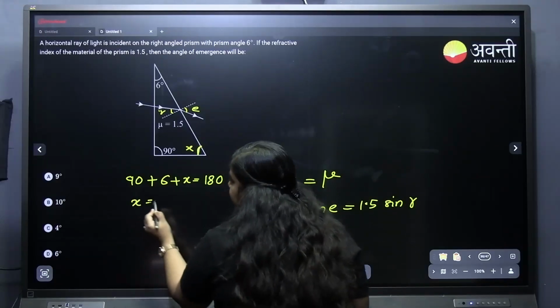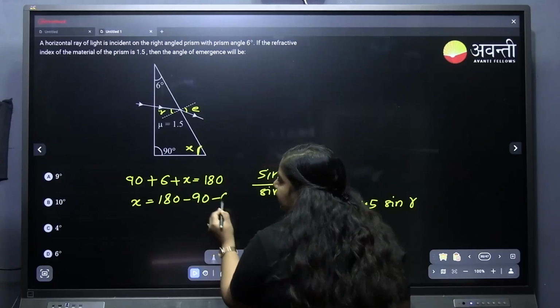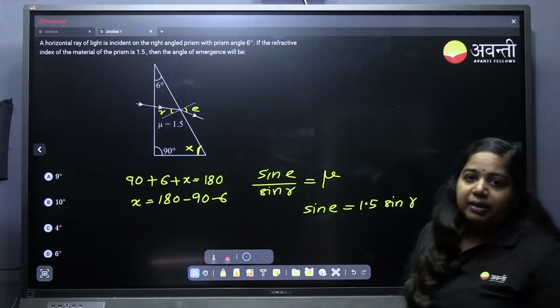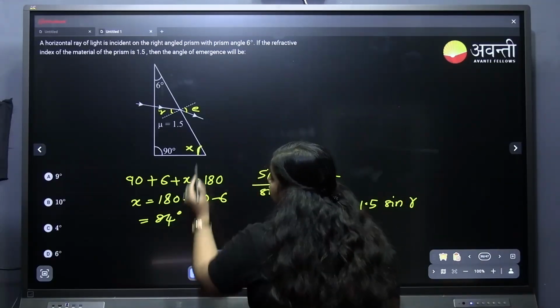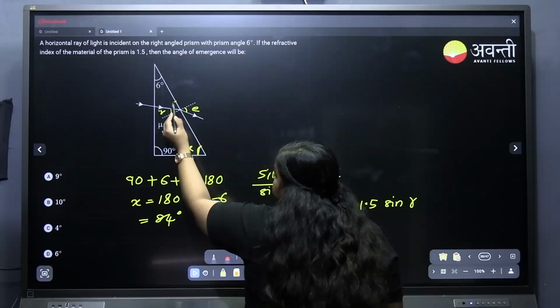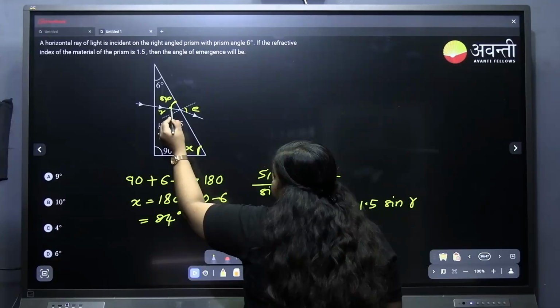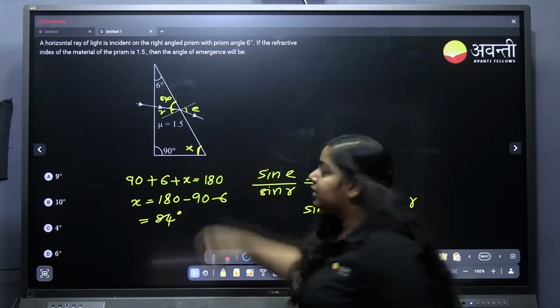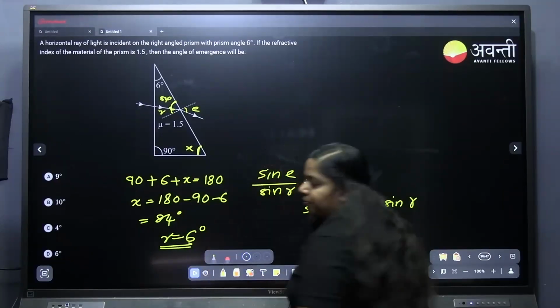X is equal to 180 degree. So x is equal to 180 minus 90 minus 6. 180 minus 90 is 90 degree. 90 minus 6 is equal to 84 degree. Okay, so this angle should be 84 degree. Okay, then 90 minus 84, R should be equal to 6 degree.